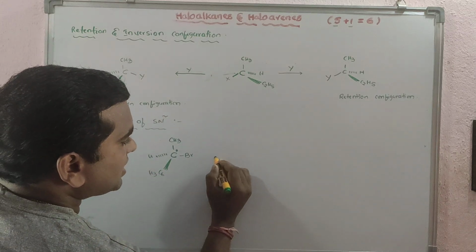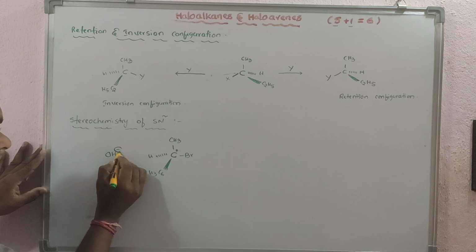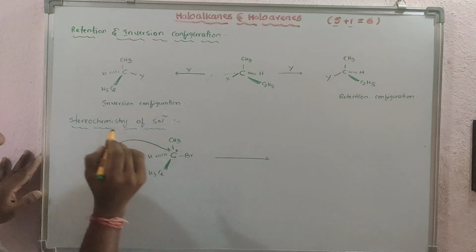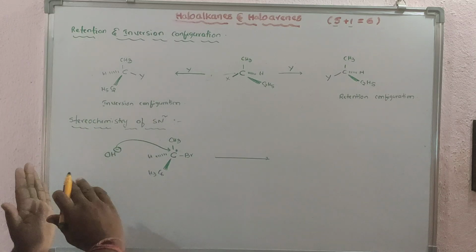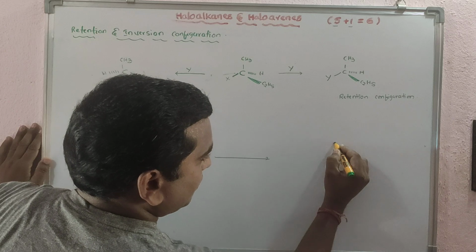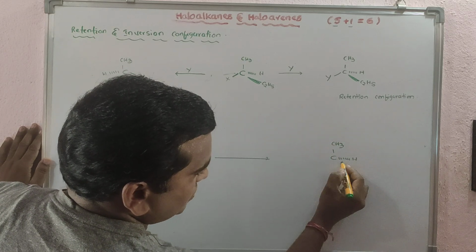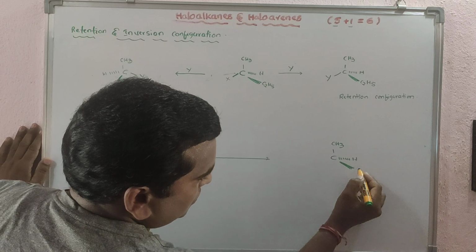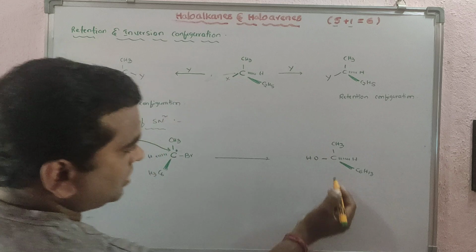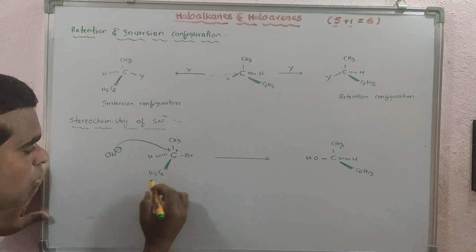Now I will treat this molecule with OH. You already know the nucleophile attacks from which side? Back side. Attack from the back side, then the configuration is inverted. What compound will you get? You will get the compound CH3, H, C6H13 and here OH. Clear? What is the name of this molecule? 2-bromo-octane.